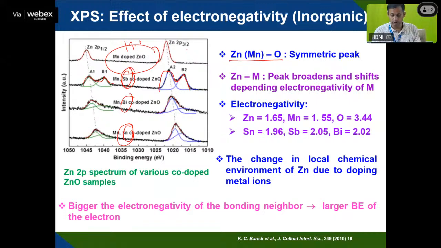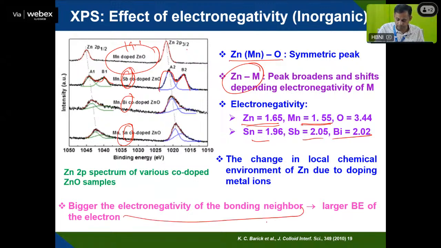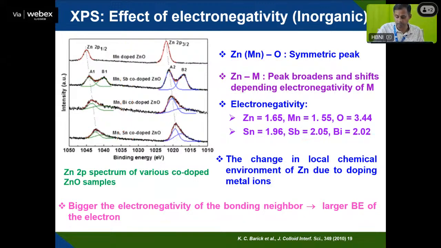Zinc has 1.35, manganese 1.55, but antimony and bismuth have quite high electronegativity. So because of that, you will get the Zn peak broadened and shifted to higher energy. The bigger the electronegativity, the larger the binding energy of the electron that you observe here.